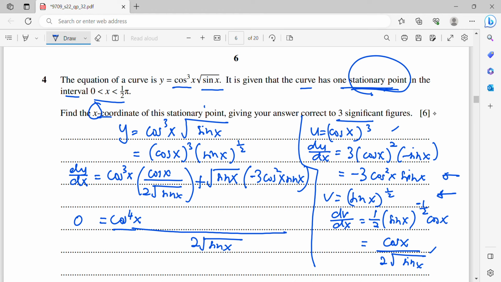For the second term, since I introduced the denominator of 2 root sine x, that means I'm multiplying 2 root sine x to the numerator of the second term as well, to the existing second term.